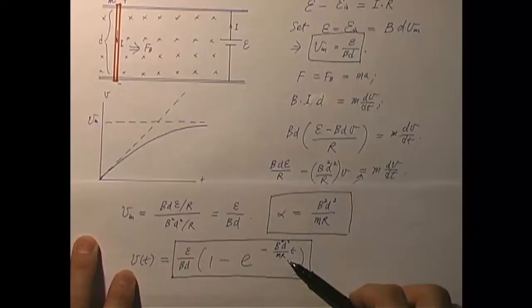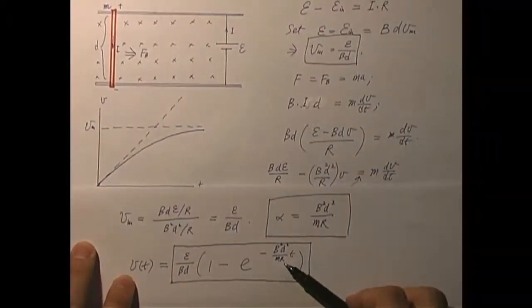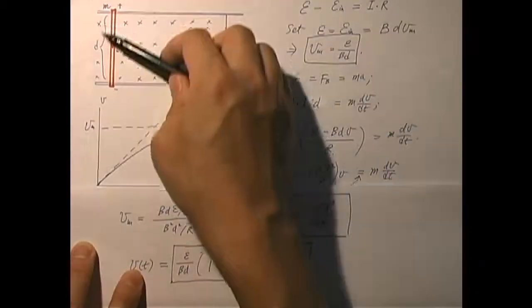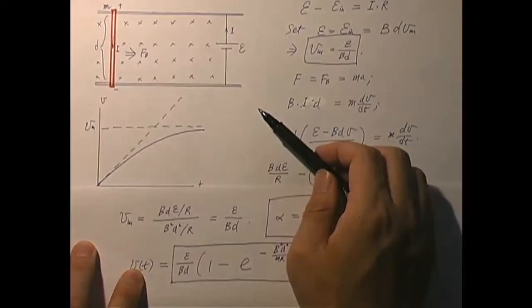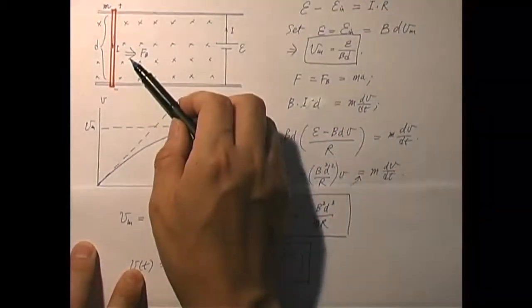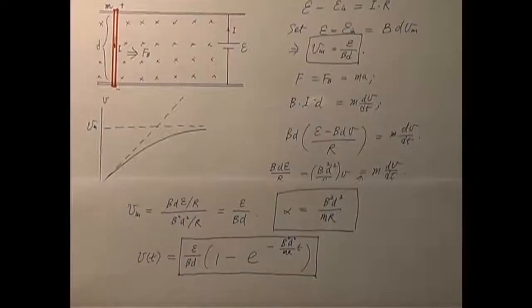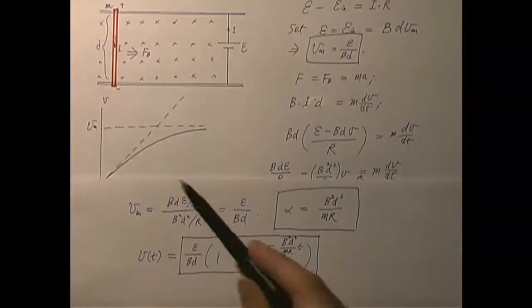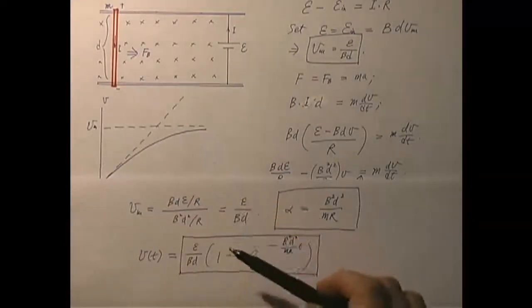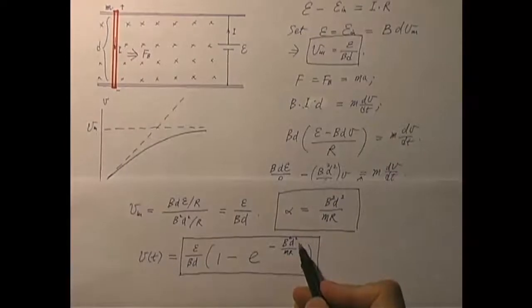And what about R? Well, if everything else is the same, a smaller resistance, what does that mean? It means it's going to get you a greater current, if epsilon is the same, for example. A greater current means greater magnetic force, which means greater acceleration. With greater acceleration, and the same final V maximum to reach, it's going to reach there sooner.